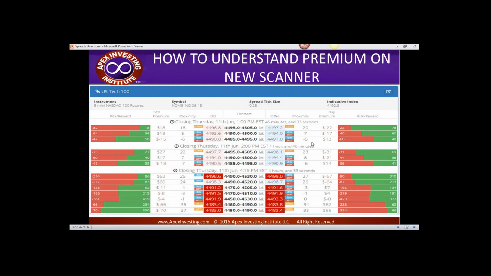If I'm going to buy, what does this spread down here have? $66 in premium already built in because I'm buying below the market. So if the market expires and doesn't move at all, and I'm not making a dollar per tick in movement, I'm still going to make 66 bucks because I bought lower than the market. So there's premium in there.